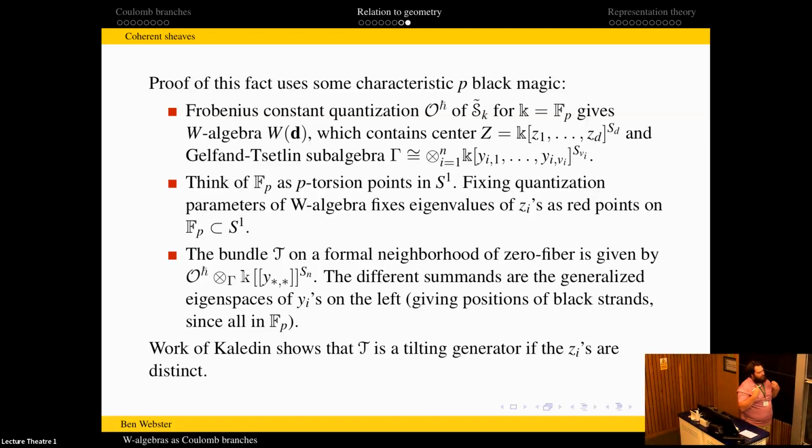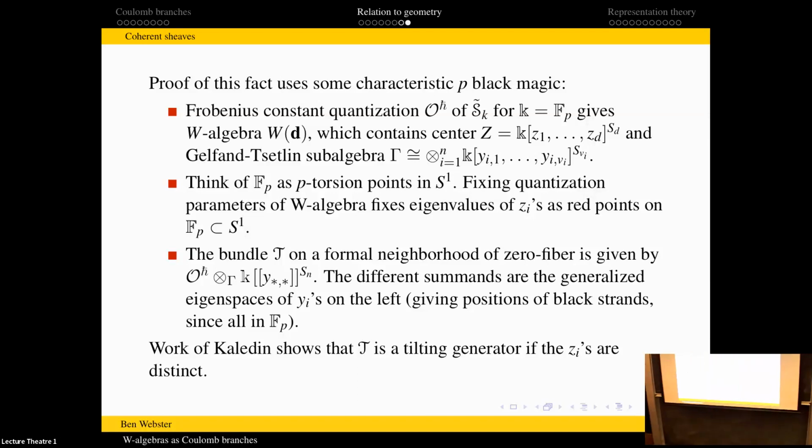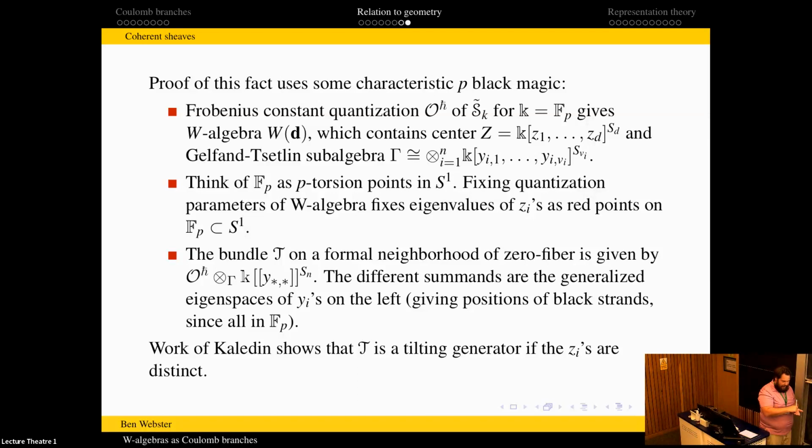That Azumaya algebra doesn't split, but again, this Coulomb branch picture gives me a very nice way of thinking about the splitting. I have this integrable system inside the non-commutative guy, and its intersection with the p center is also an integrable system there.